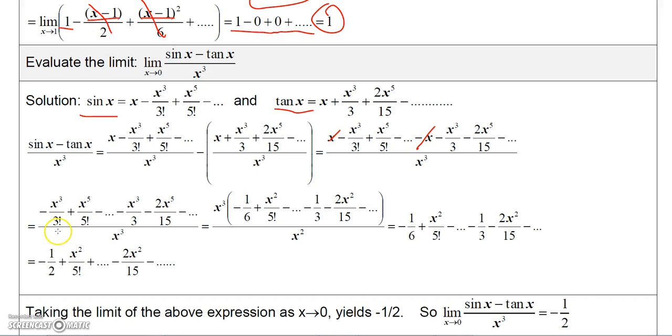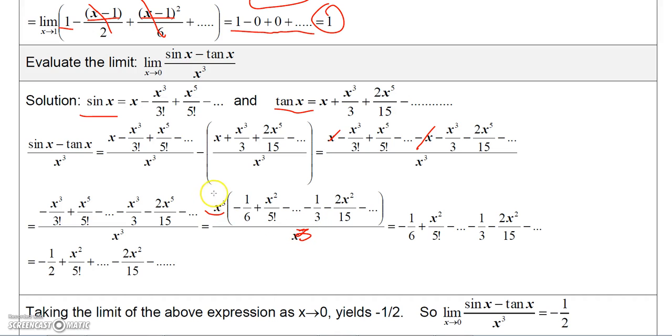Okay, and so now what I can do there is factor out an x cubed, and when I factor out an x cubed, I get minus 1/6 plus x squared over 5 factorial, and then minus a third minus 2x squared over factorial. That should be a cubed as well.